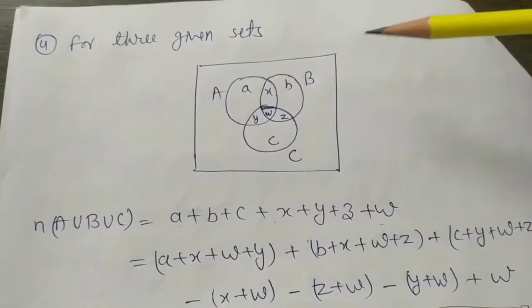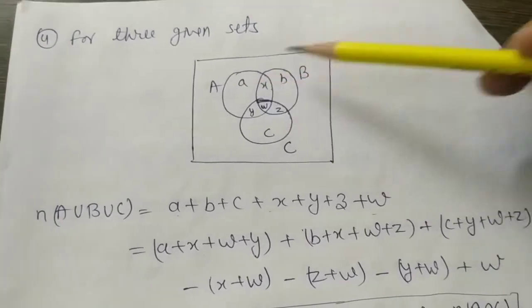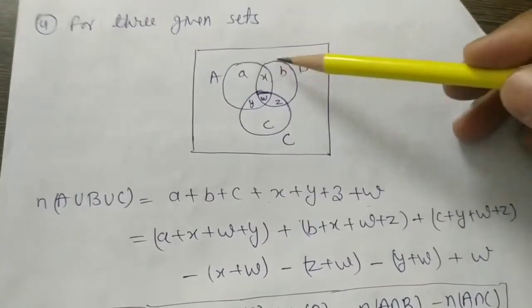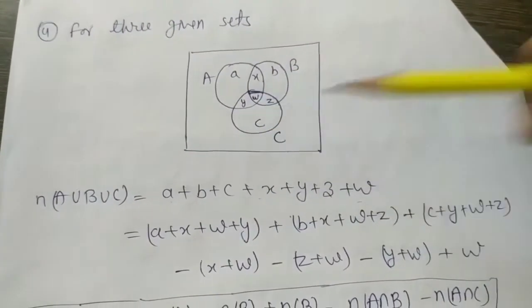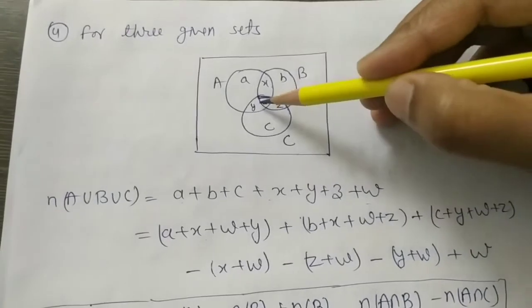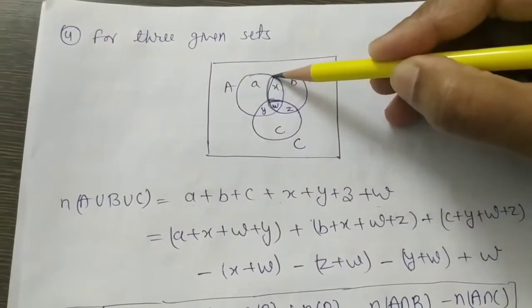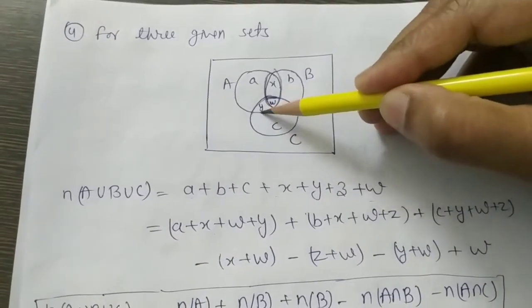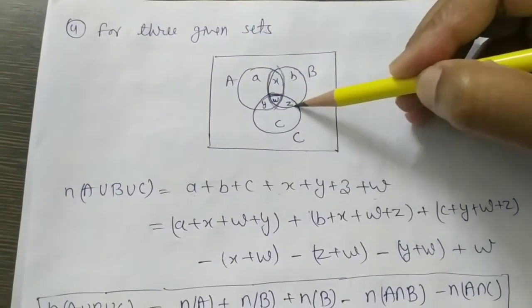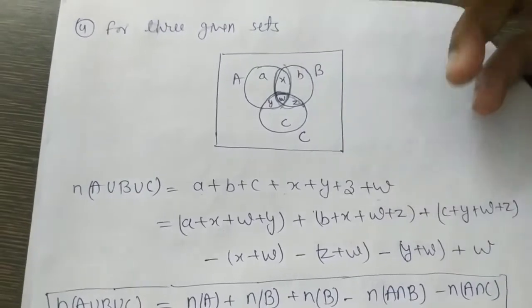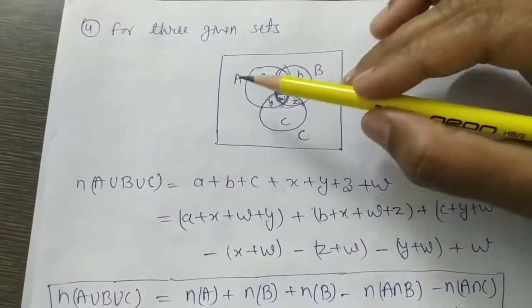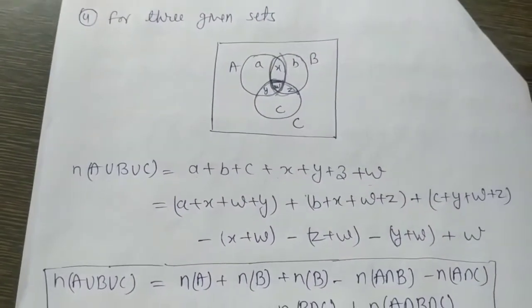Now suppose we are given three sets A, B and C. The circle is showing A, B and C. This is a common part between A and B. This is a common part between A and C. And this is a common part between B and C. And this W, it is a common part in A, B, C, all these three.